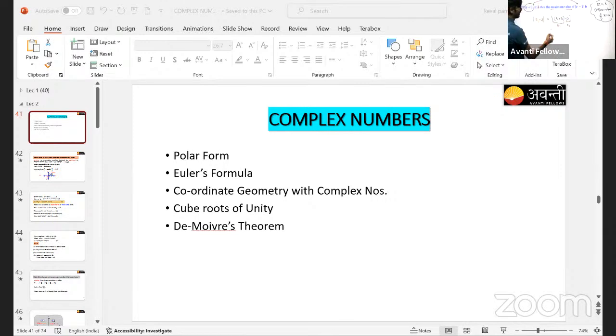What is z1 plus z2? mod z1 plus z2 is less than or equal to mod z1 plus mod z2. What is mod z plus 3 given? 2. Mod 5 is 5, that is 7. So that means less than or equal to 7 means maximum value is 7. I guess we have options also. So you can see we have option number 3 as my answer.